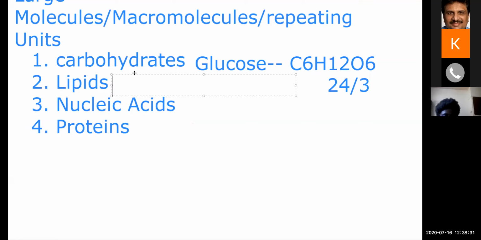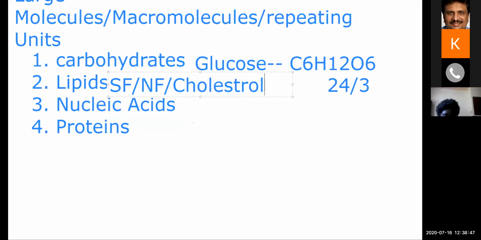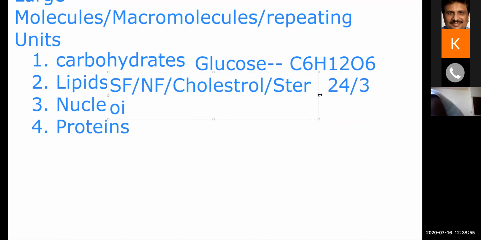So now coming to lipids. Lipids are very diverse molecules. They are made up of saturated fat or non-saturated fat. They also include cholesterol. They also have steroids. So lipids are very, very diverse molecules as compared to carbohydrates.